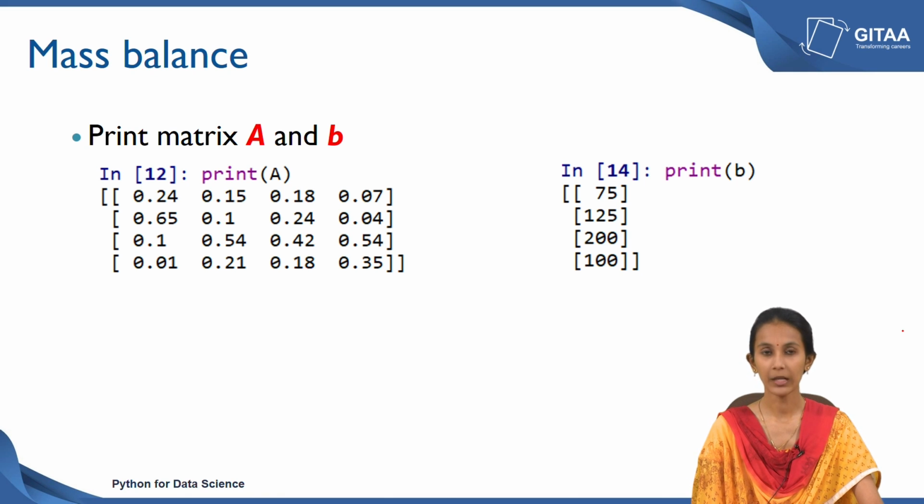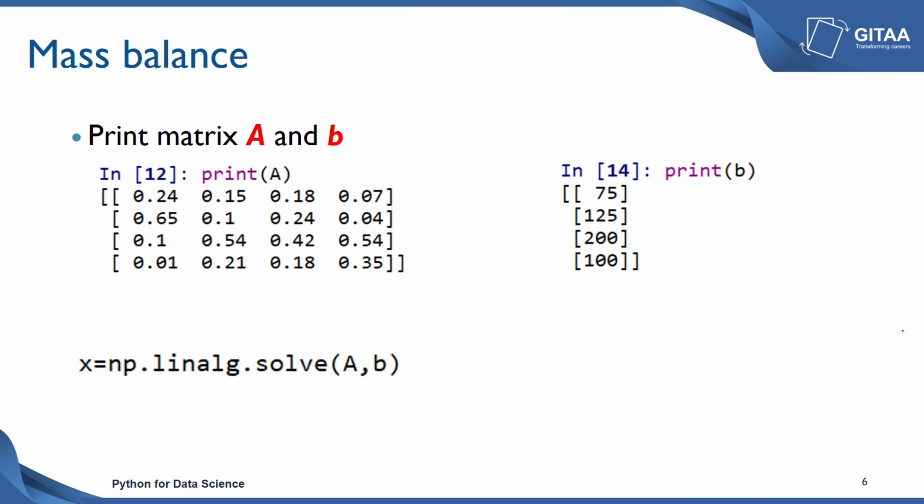Let us see how to solve this. The command will be np.linalg.solve. Before calling np, you have to import the numpy package: import numpy as np. Inside the parentheses, you pass the matrices you have created. A is a 4 cross 4 matrix and B is a 4 cross 1 matrix, and you can store the result in the variable x.